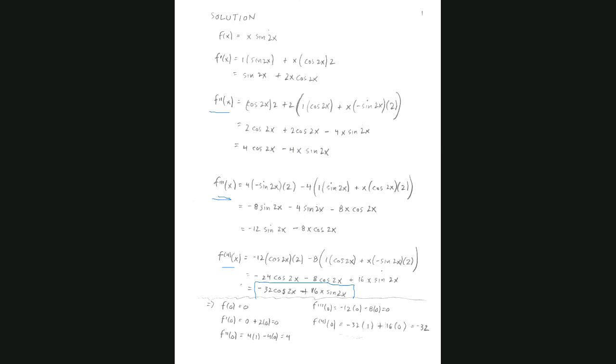Okay. So now our function, which is x times the sine of 2x, is approximately, notice that's an approximation symbol there, equal to your fourth degree Taylor polynomial. And all I'm doing is putting in the values, just following the formula here.